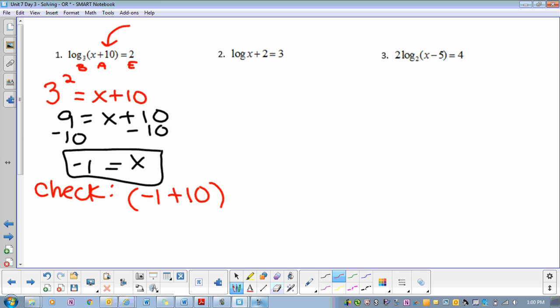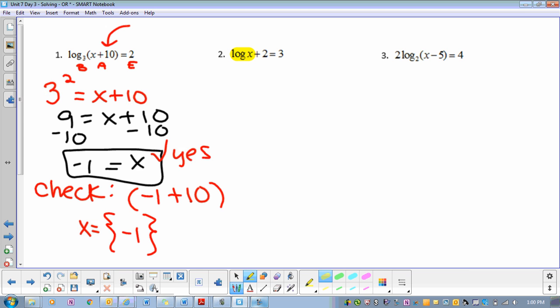What is -1 plus 10? 9. Is that a negative? Is that 0? No. So this one works. It's a yes from me. And so we could even put it in a solution set to show that, yes, it is a solution. Does that make sense? Let's try the next one.